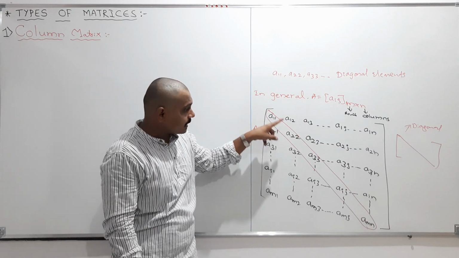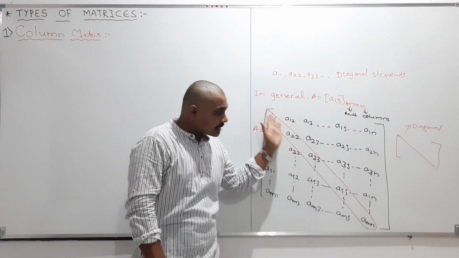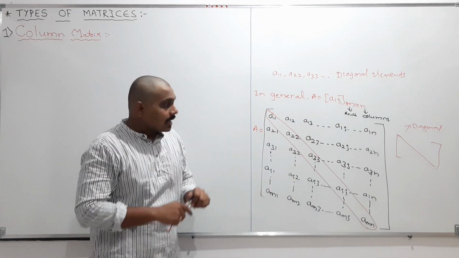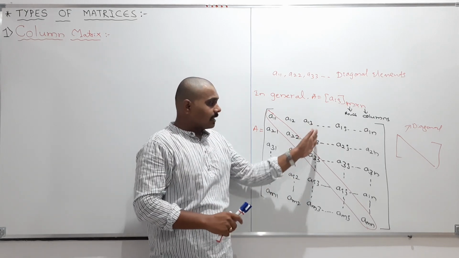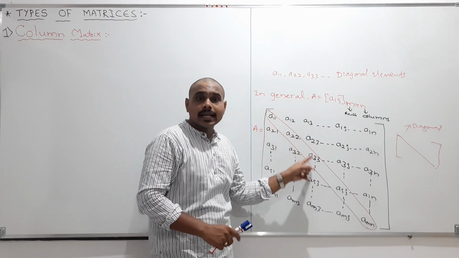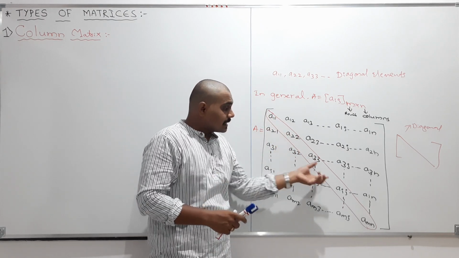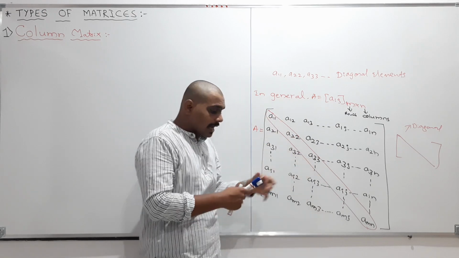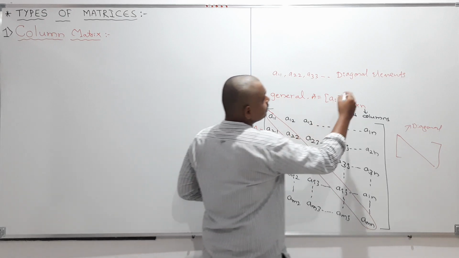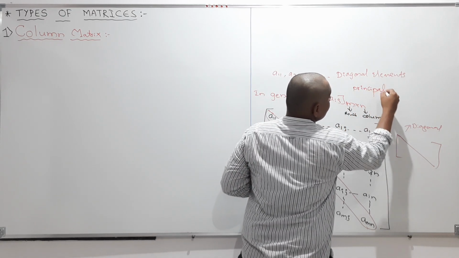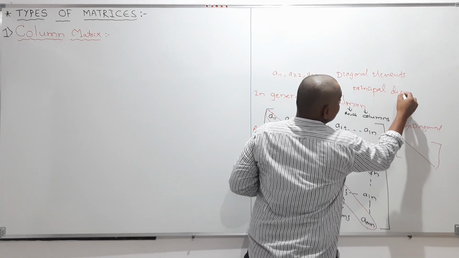So my dear students, in the matrix of the order m cross n, whatever elements are there, that is A11, A22, A33, such elements we can call the diagonal elements. The line on which the diagonal elements lie, that line we can call the principal diagonal.